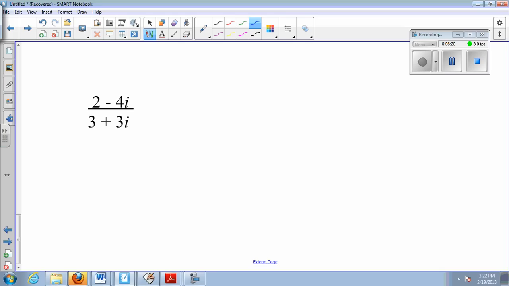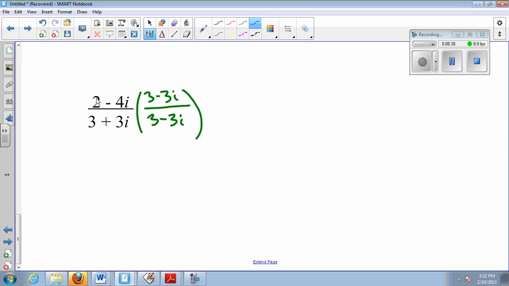Our next example, 2 minus 4i over 3 plus 3i. Multiply by the conjugate, 3 minus 3i. Now we can use the shortcut.